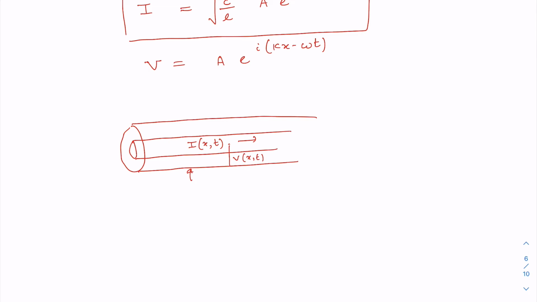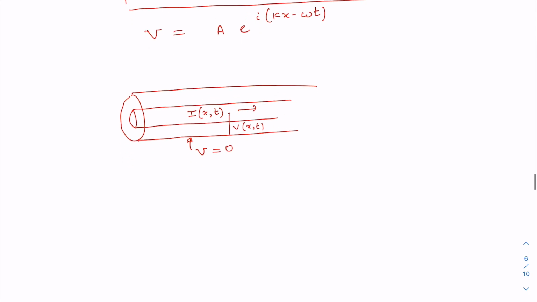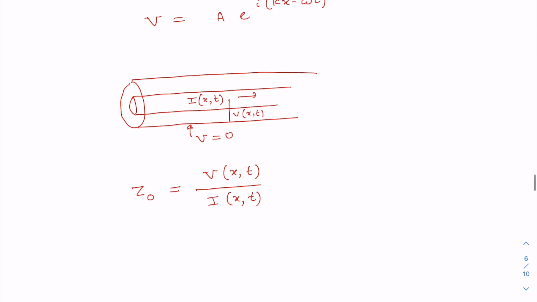If the outer cylinder is at potential V equal to 0, then the characteristic impedance is given by the ratio of the voltage at a point divided by the corresponding current at that point, at an instant of time t.